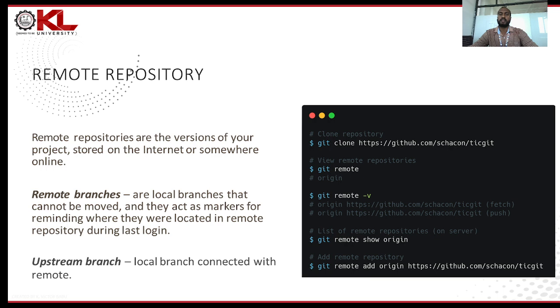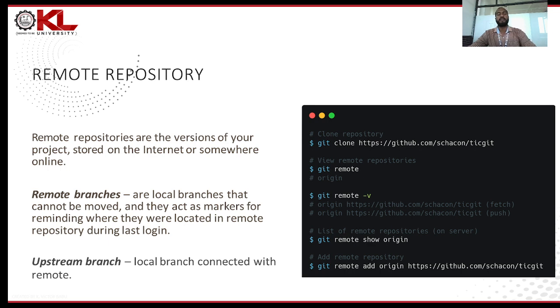What do remote branches tell you? Remote branches are local branches that cannot be removed. That's what they are telling. They can act as markers, reminding you where you are located in the remote repository during the last login. This is a very important thing, and we need it every time, right?